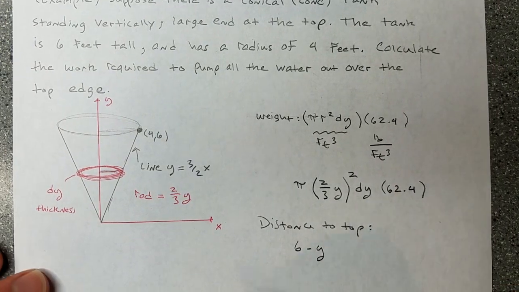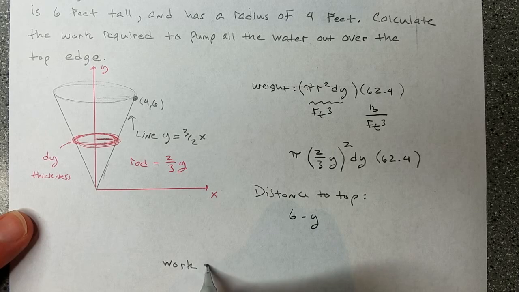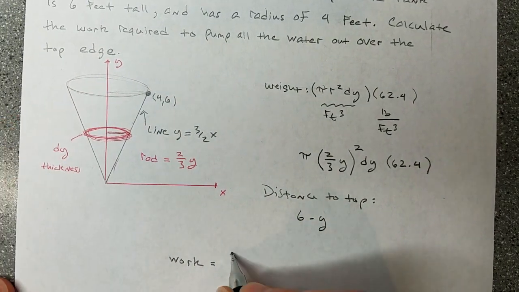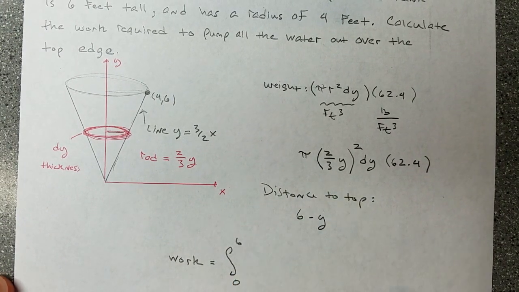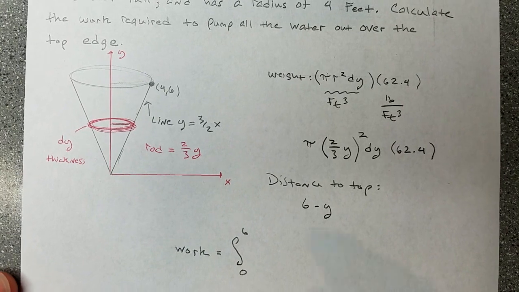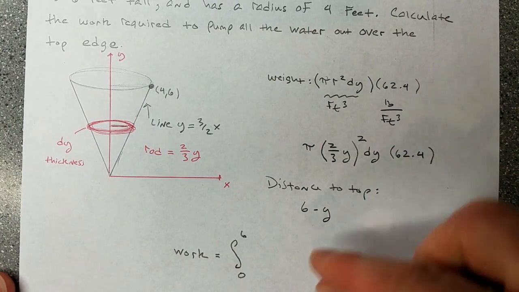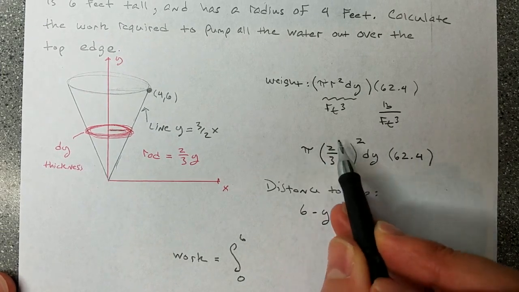All right, now that's everything that we need. Let me put it all down here. The work required to pump all the water just over the top of that tank is going to be the integral, whose bounds are the span of the tank on the y-axis, that'd be 0 to 6, of the weight times the distance. Now let's do a little bit of combining here.